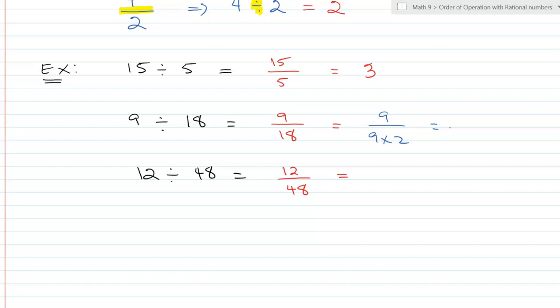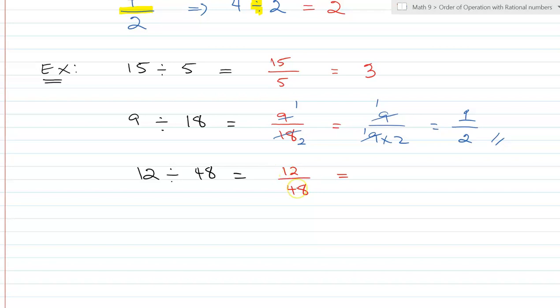As you get faster, you can do that in your head. You can say 9 goes into 9 once, 9 goes into 18 twice, and you get the same setup here. 9 divided by 9 is 1, so the numerator is 1 and the denominator is 2. So 1/2 is the answer to 9 divided by 18, or 9/18.